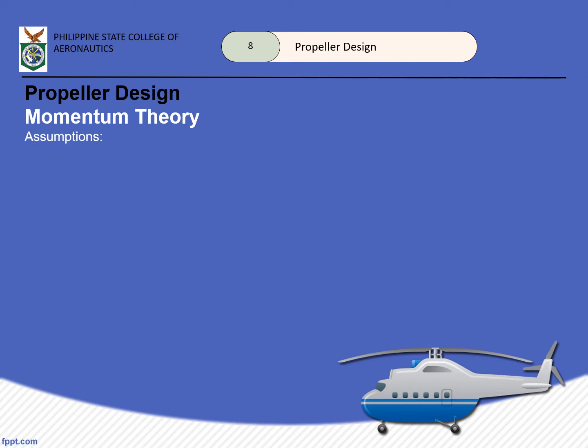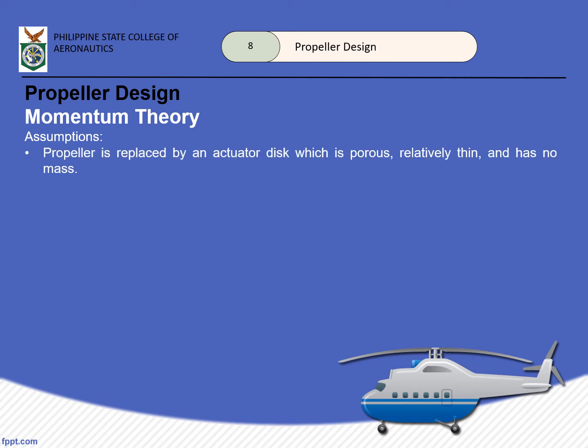So for momentum theory, we have assumptions. The first one, propeller is replaced by an actuator disc which is porous, relatively thin, and has no mass. So parang we are assuming that we are dealing with an actuator disc. So later on, I will show a figure. Pero yeah, one of the assumption, always remember for momentum theory, is actuator disc siya.